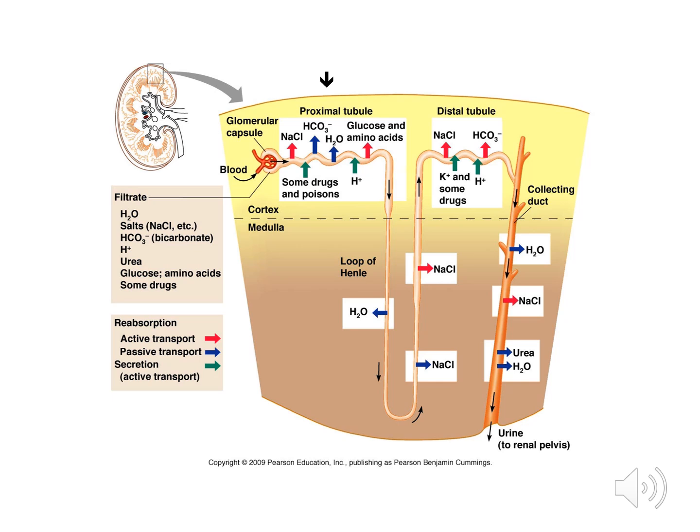Now, with some substances like glucose, there's a limit to how much can get reabsorbed at any one point in time. And if the amount of glucose in the filtrate is greater than that, then not all of it is going to get reabsorbed, and so we're going to start finding some glucose in the urine. That's what happens to people with diabetes whose blood sugars are not in control.